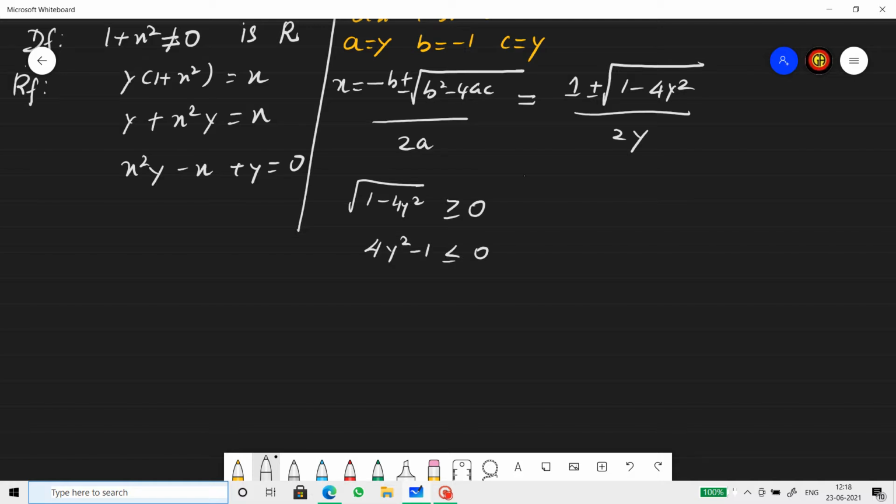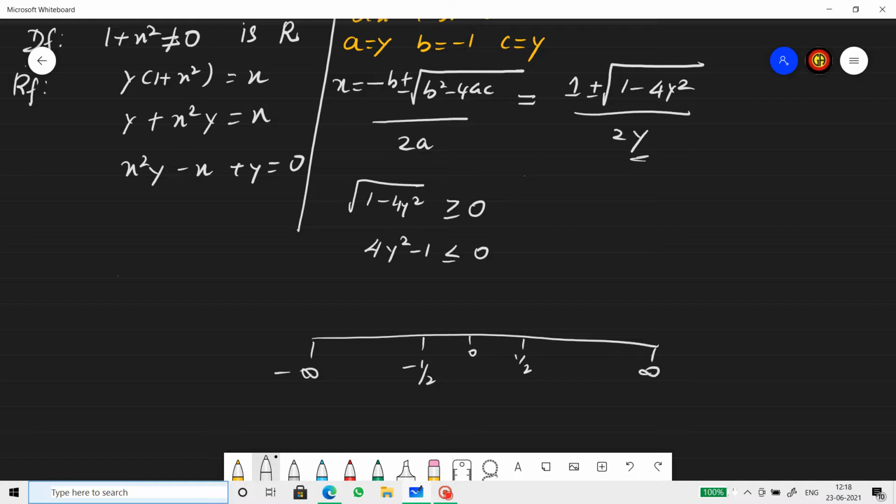The critical points I get here are y equal to minus 1 by 2 and plus 1 by 2, because if I equate 4y square minus 1 to 0, y square equals 1 by 4, y equals plus or minus 1 by 2. So let's drop that in the number line along with the denominator 0. So minus infinity to infinity, we take minus 1 by 2 and 1 by 2, also 0.